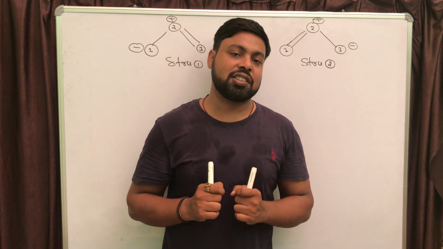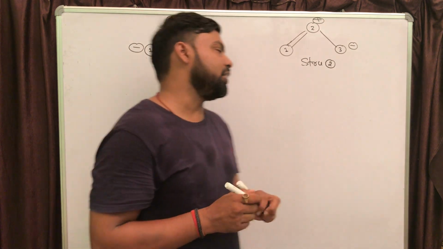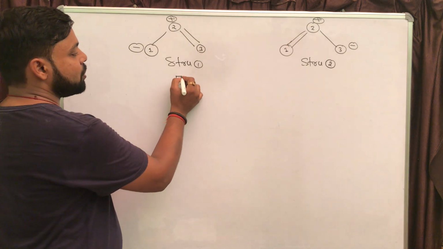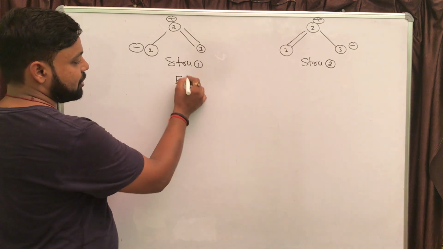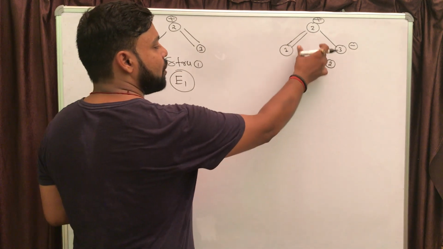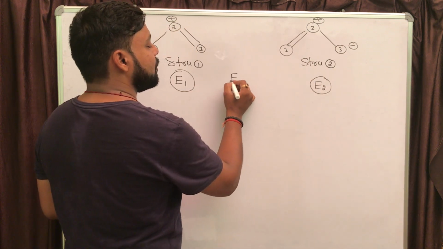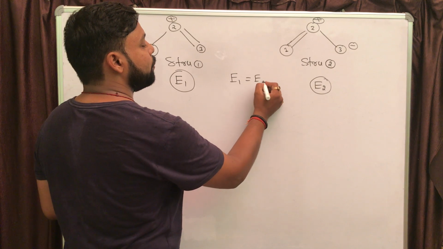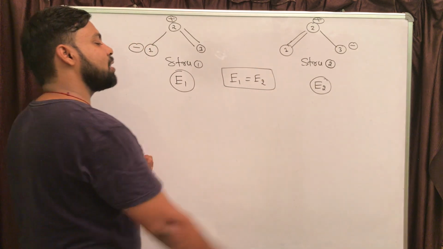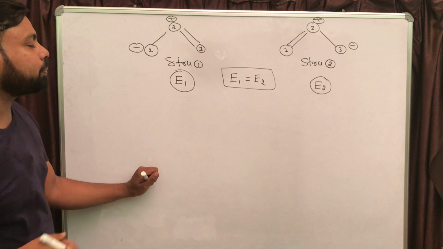Let us say the energy of structure 1 is E1 and the energy of structure 2 is E2. Then definitely E1 will be equal to E2, because these two structures are identical.